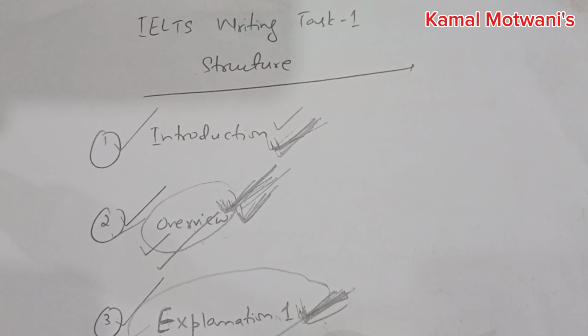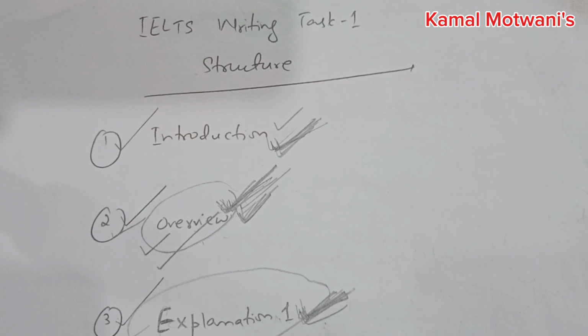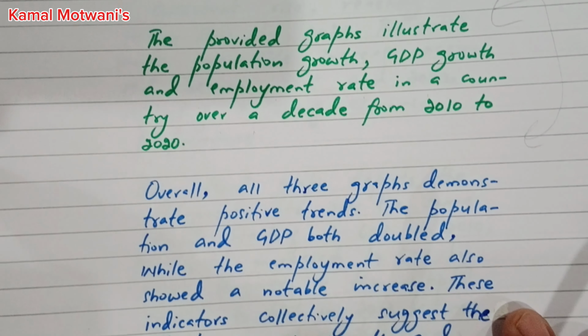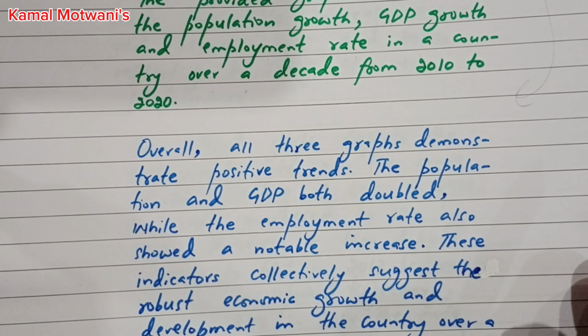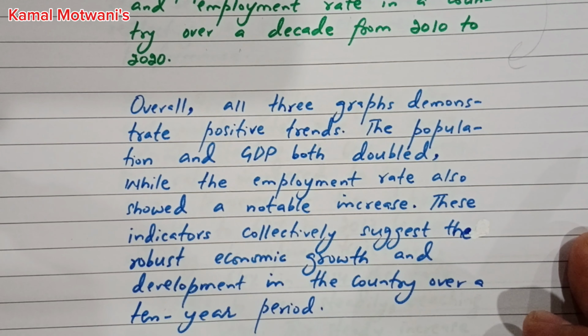I have already told in earlier videos that in order to write the overview we have to write the major fluctuations or the major differences in the overview. Let's see how I have written this overview. So writing in this blue ink is the overview. Okay.